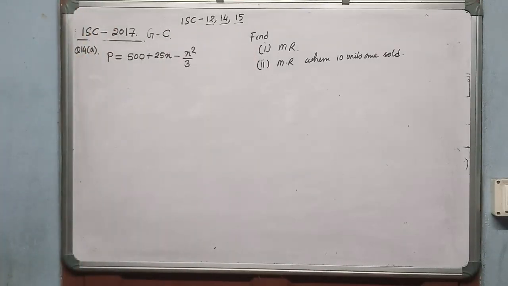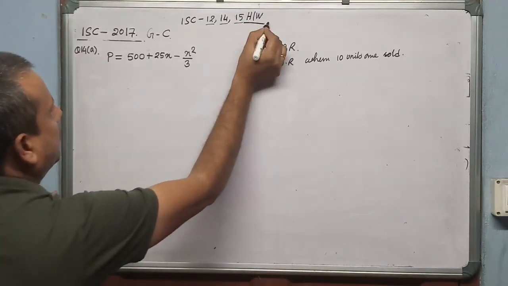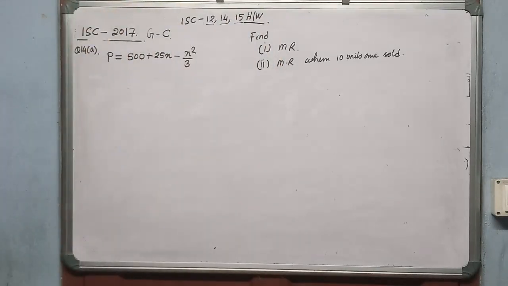You can try these 3 sums. Solve these 3 questions, then send them to me on my personal WhatsApp number. This is homework. Please try these 3 questions, ISC 2012, 2014 and 2015, and this is the last sum from this chapter.